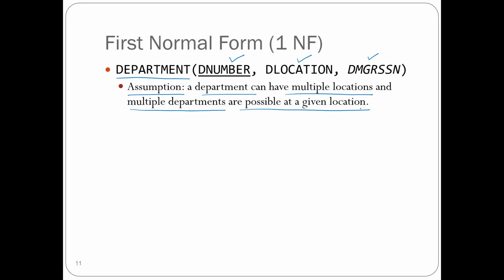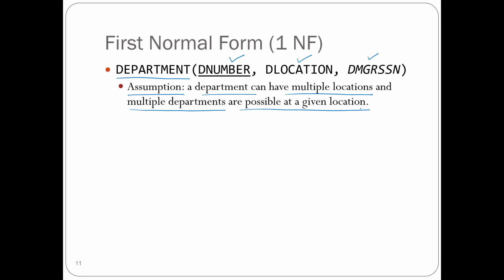Then in Stony Brook, we can have multiple departments, right? Like computer science department, electrical engineering department, material science department, humanities department. So one location can be shared by multiple departments, and that is very practical. And one department can have multiple locations.